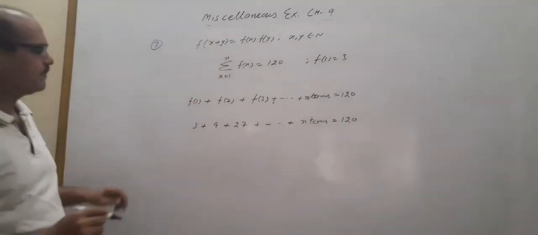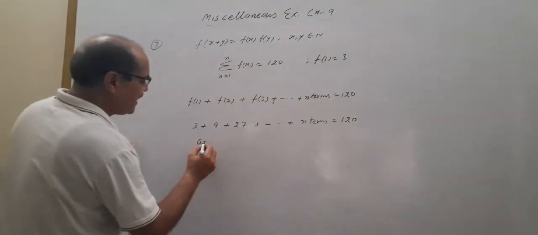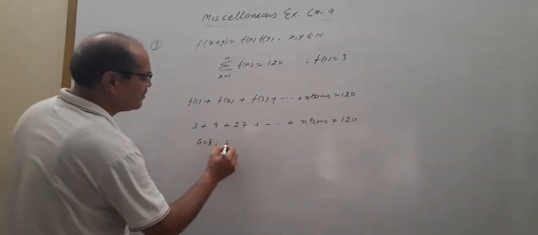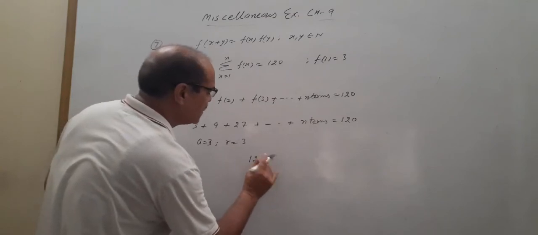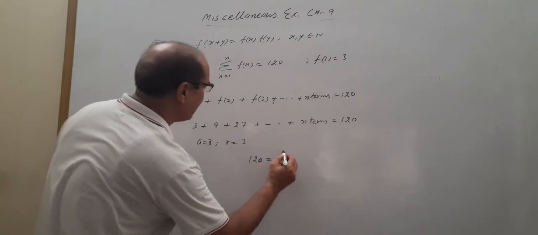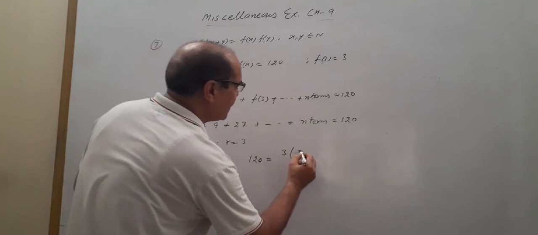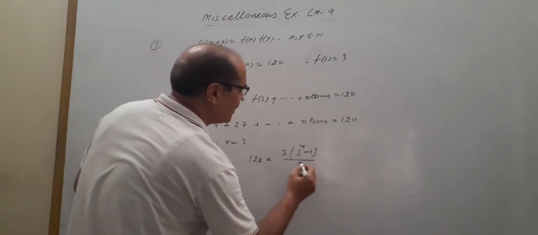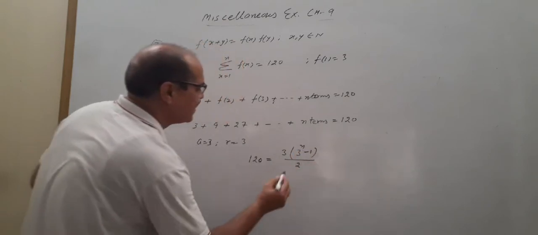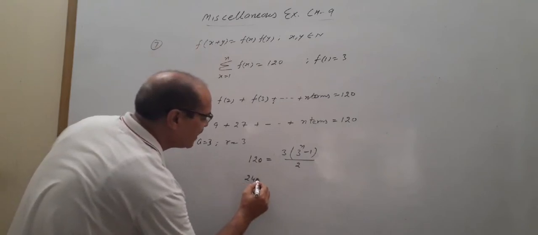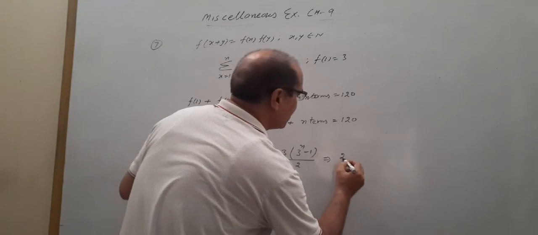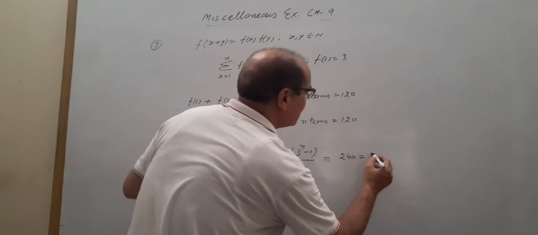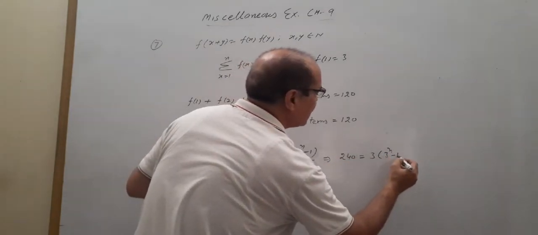Now this becomes a GP, and in this GP a is 3, the first term, and the ratio is 3. Applying the formula of Sn, Sn is equal to 120 is equal to a into r power n minus 1 upon r minus 1, that is 2. Now this becomes 240 is equal to 3 into 3 power n minus 1.